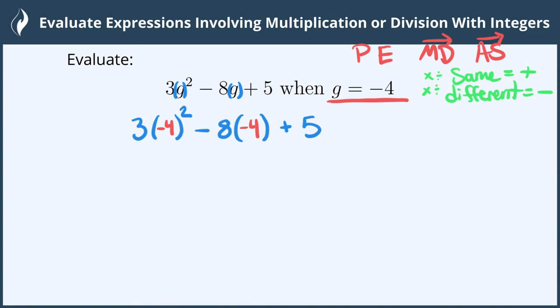Now let's go through the order of operations. The only parentheses that I have are indicating multiplication, so I don't need to worry about anything there. But I do have an exponent, so let's go ahead and do that first.